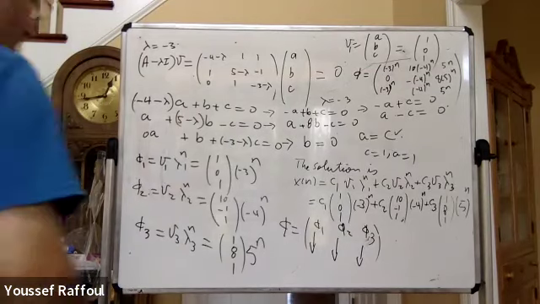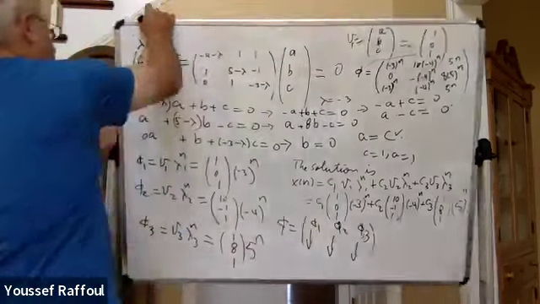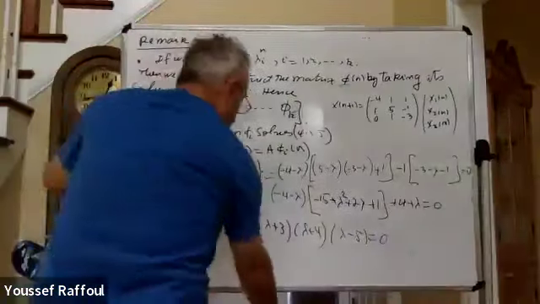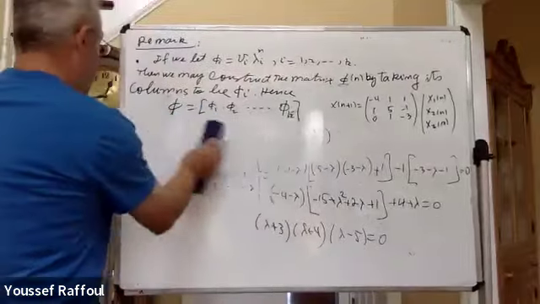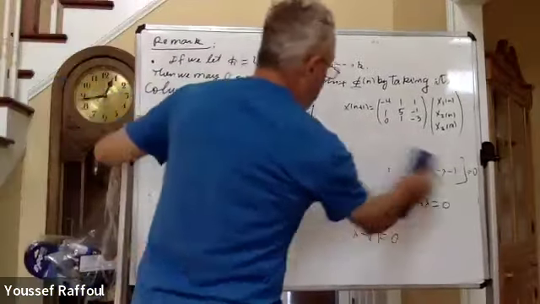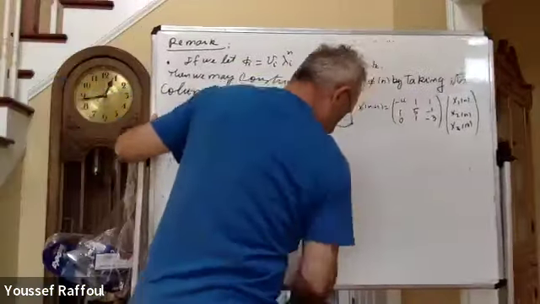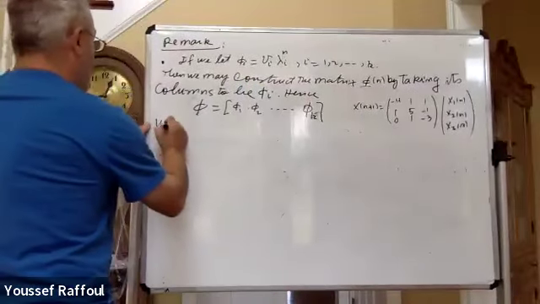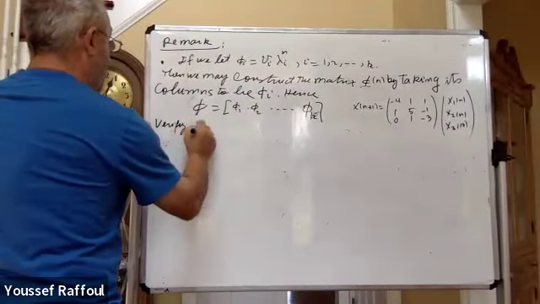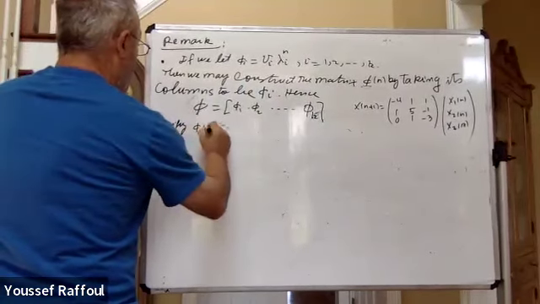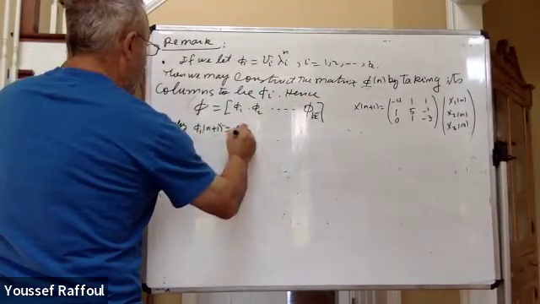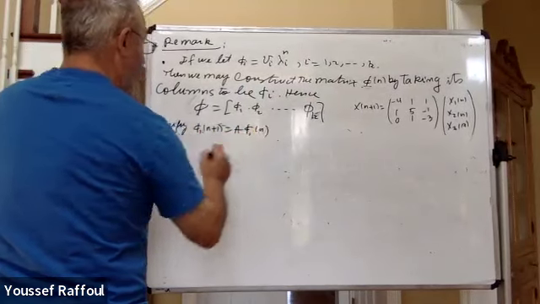Now, let's verify each column. So let's verify that phi1 of n plus 1 equals A phi1 of n.